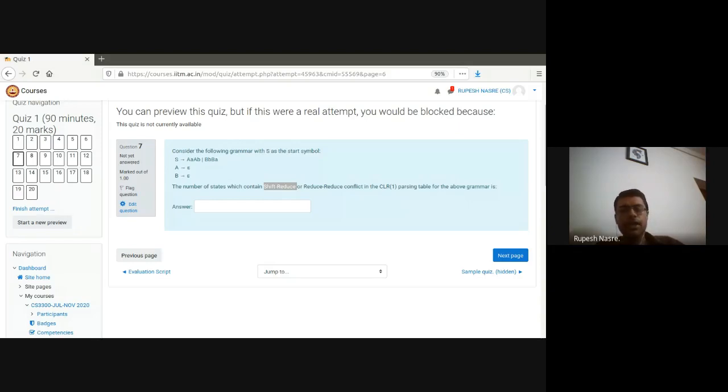So if that is not occurring there, then there won't be any reduce conflict. That is correct. So if you have done it properly and you did not find the reduce conflict, our answers will match. Don't worry about that. Oh, you guys are saying that in LALR there is no conflict. But then if in LALR there is no conflict, CLR should also not get any conflict.